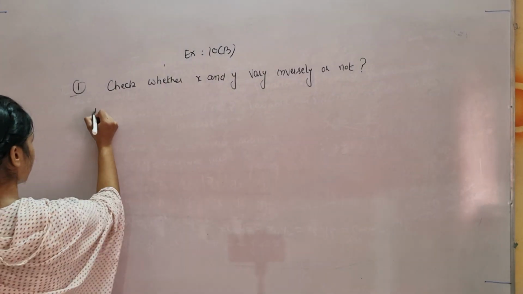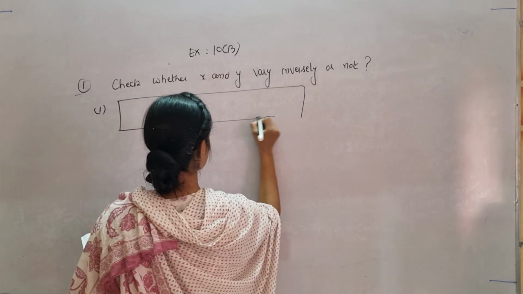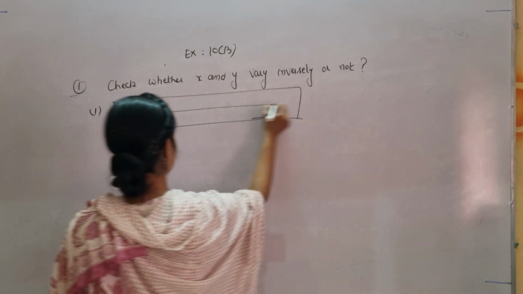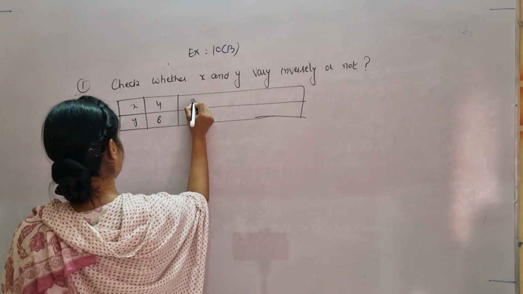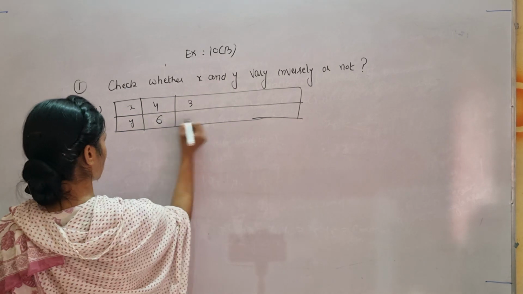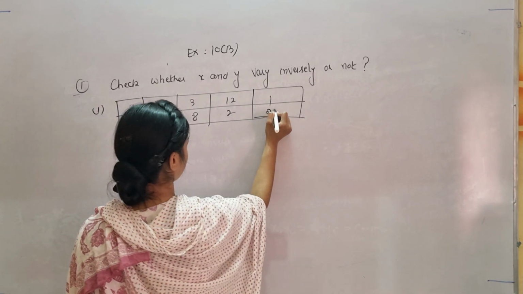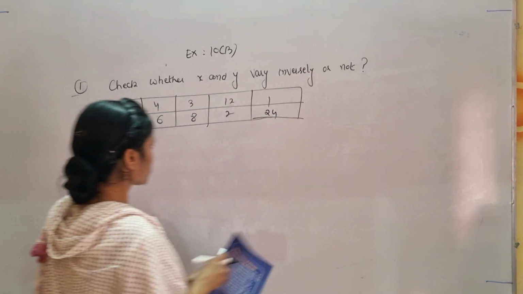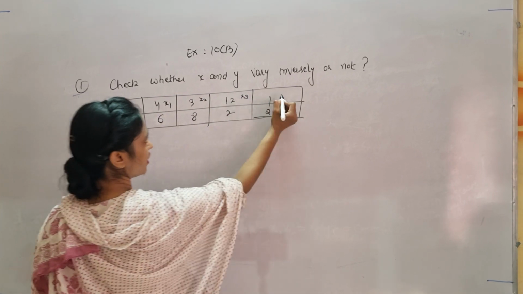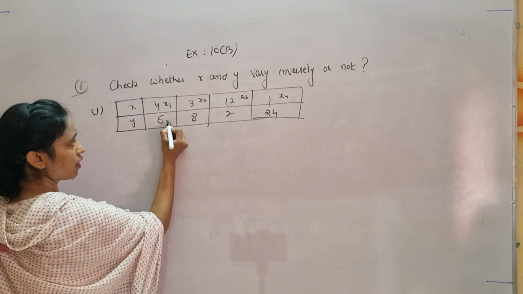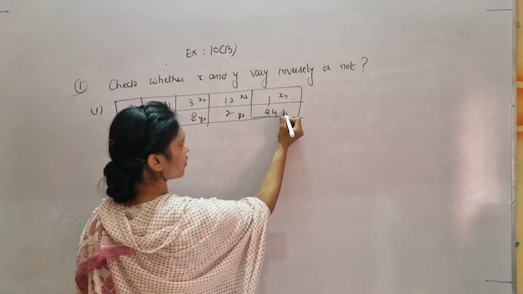The very first table is given like this: x is 4, 6, 3, 8, and y is 6, 3, 8, 12, 2, and the last one is 124. So this is x1, x2, x3, x4, and this is y1, y2, y3, y4.